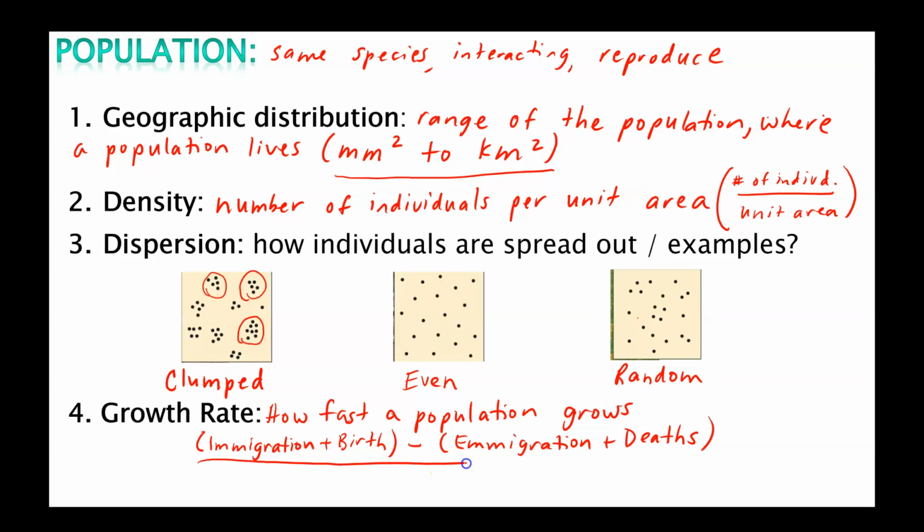And we're going to be putting that over the total population. So we've got immigration plus births minus emigration plus deaths over the total population. That's going to give us our growth rate.